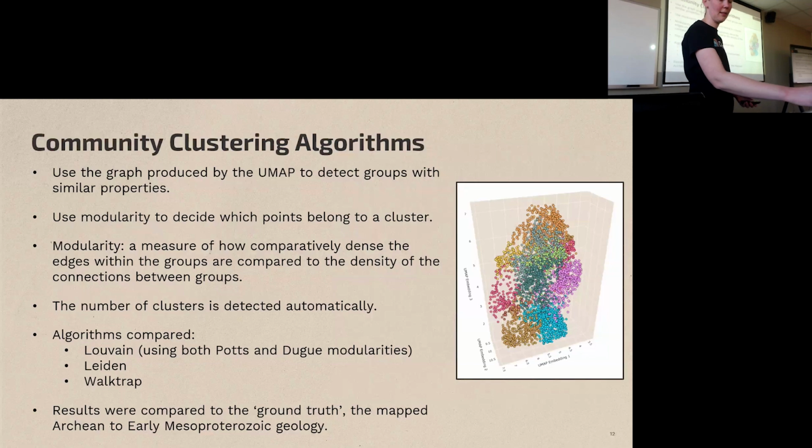Yes, so community detection algorithms use a graph produced by UMAP or something similar to set groups with similar properties and connections. As opposed to something like k-means or other clustering algorithms, community detection algorithms use these connections as well as the locations. They use something called modularity, which is a measure of how dense the connections within groups are compared to the density of the connections between different groups.